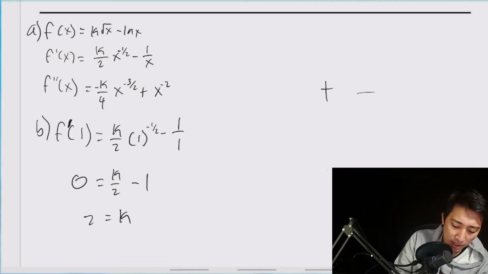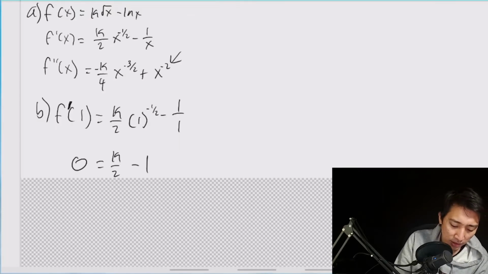Going from positive to negative on your slope means a maximum. Or you can do concave down. If your numbers are negative, it's concave down, and that's going to be a max. If your numbers are positive on your second derivative, it's concave up, and that's a min. And since we already have our second derivative function here, we'll just plug it in.